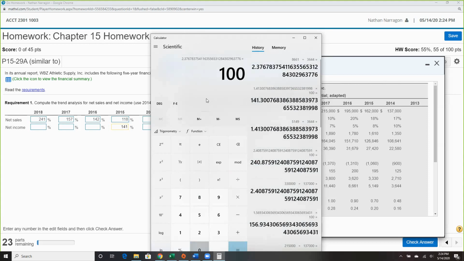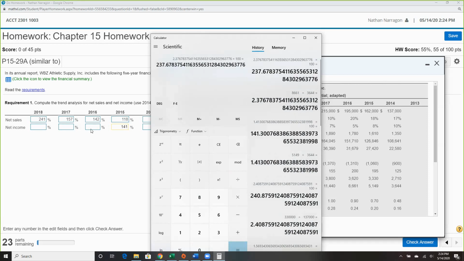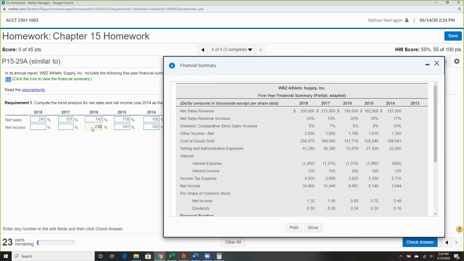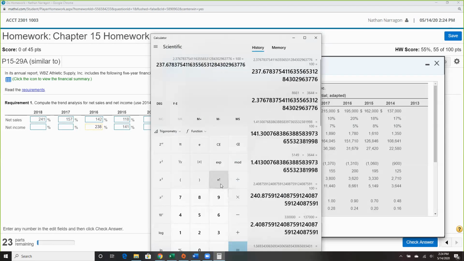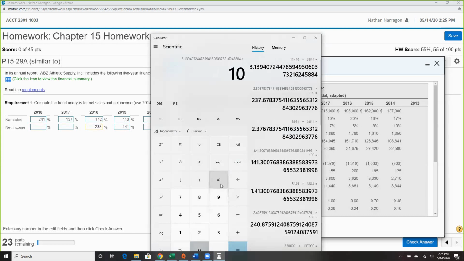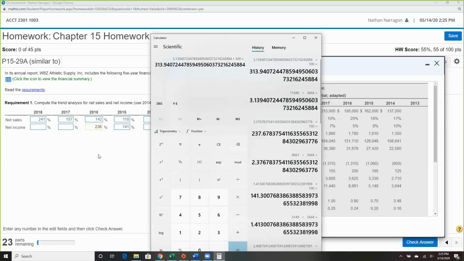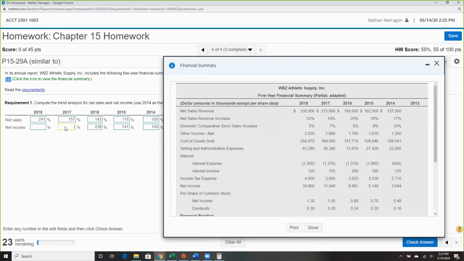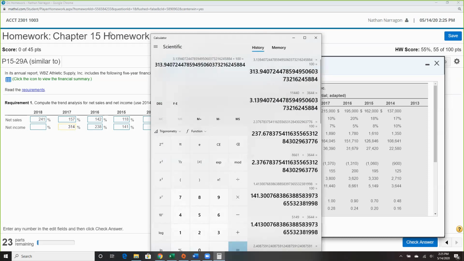Times by 100, 238. 17 was 11,040 by 36.4. I don't even know why they're comparing these trends out. It's just blown out of the water. This always makes you start to question what's going on.